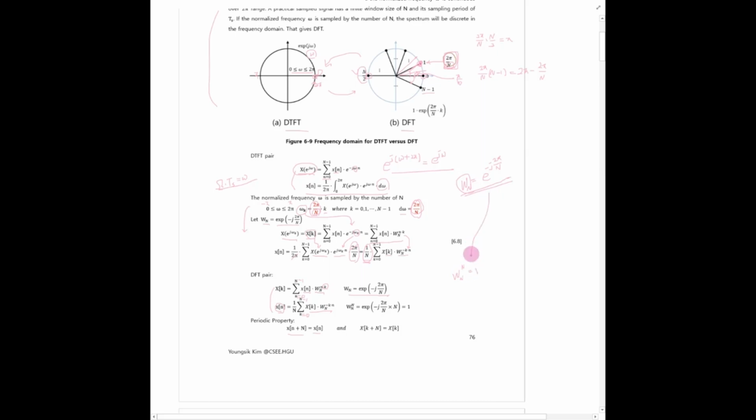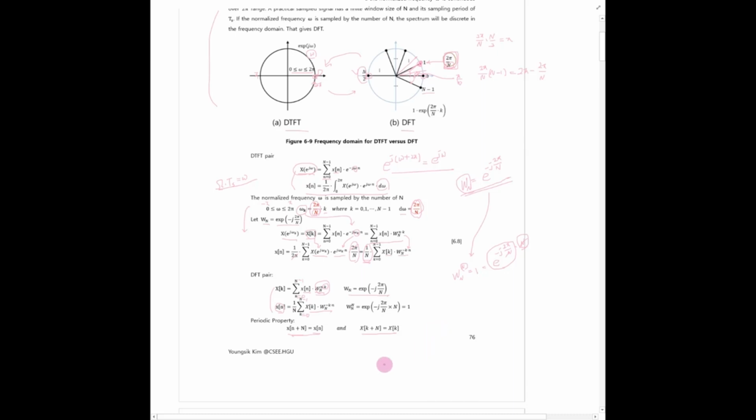You can see here the W_N to the Nth power means just e to the minus j 2 pi over N times N. So this is W_N, and we take the Nth power, then this will cancel out. It's 2 pi, so this is 1. So it's periodic. And X[k plus N] is also periodic because of this one. So this is a periodic function.